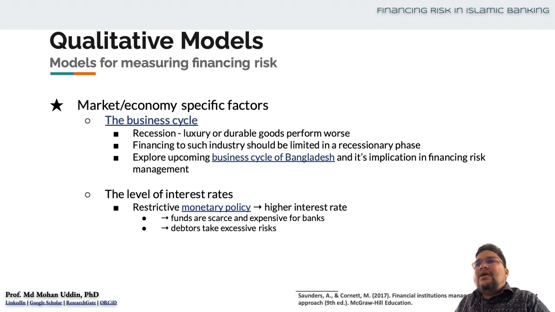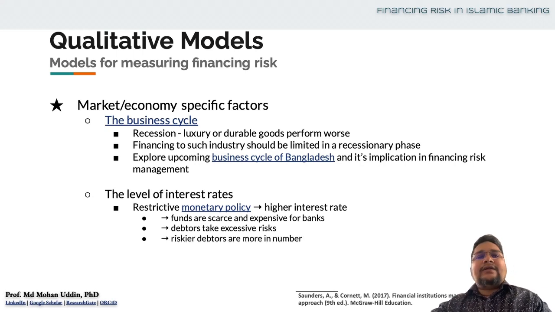They would have been very choosy about investment. But when they are getting expensive fund, paying a high level of interest rate or high funding cost, they cannot be that choosy about the investment. So they will have to take more risk in their business.